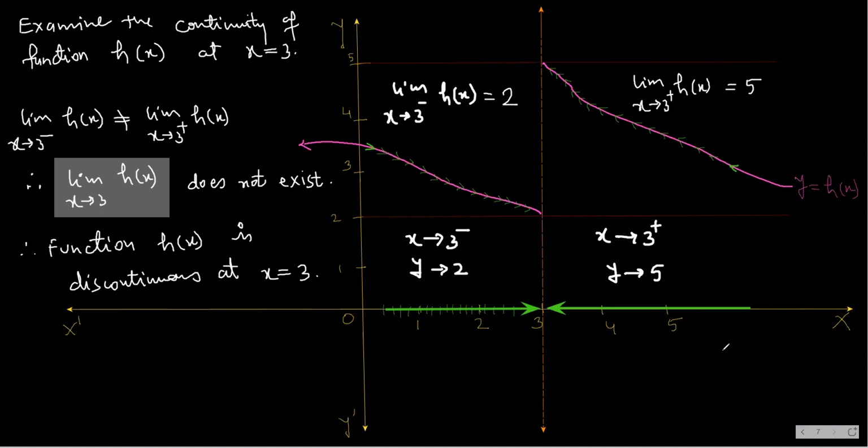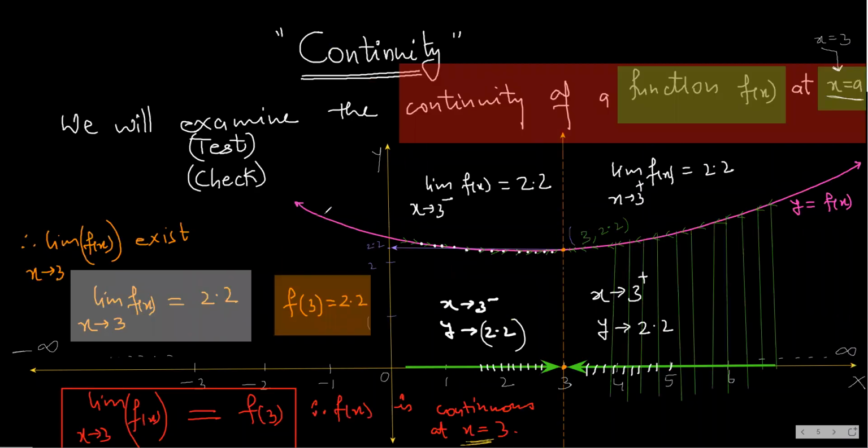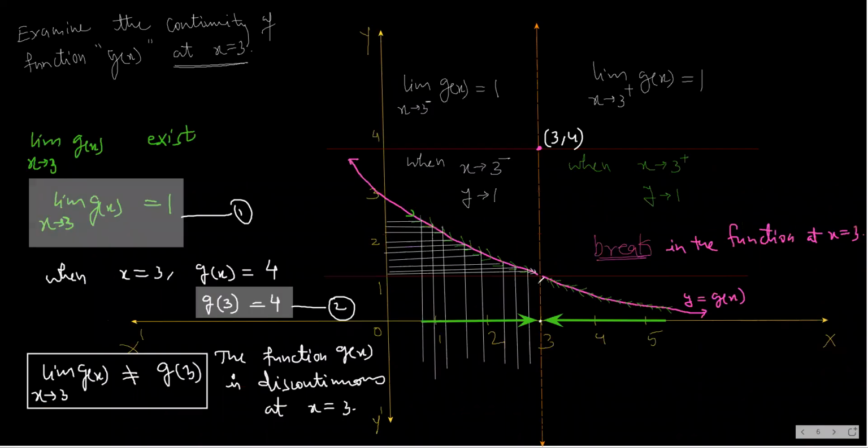So far we have discussed three cases. In the first case, the function was continuous at x equals 3. That 3 could be any number. In the second case, the function was not continuous at x equals 3. It was discontinuous, but this discontinuity was due to a gap.